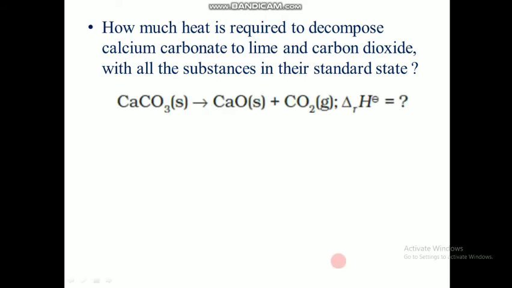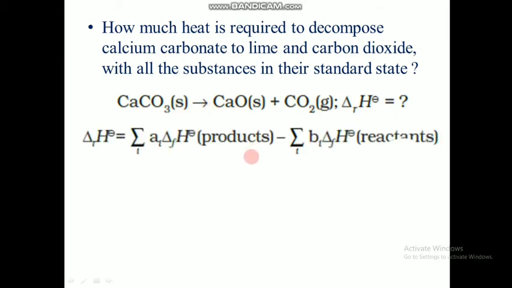So we will see the reaction. CaCO3, the calcium carbonate, gives, so the reactant part is this, and the product part is CaO solid plus CO2 gas, and we need to find the delta RH. So when we know the enthalpy of formation of this compound and of this compound and of this reactant, then we can substitute that into the equation.